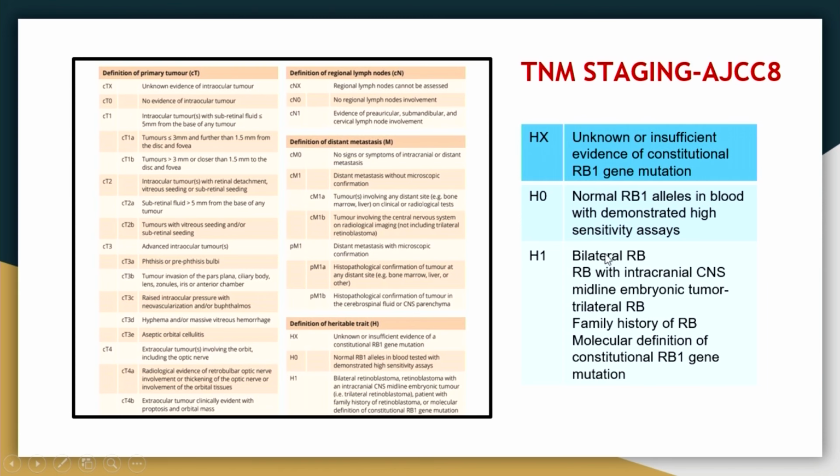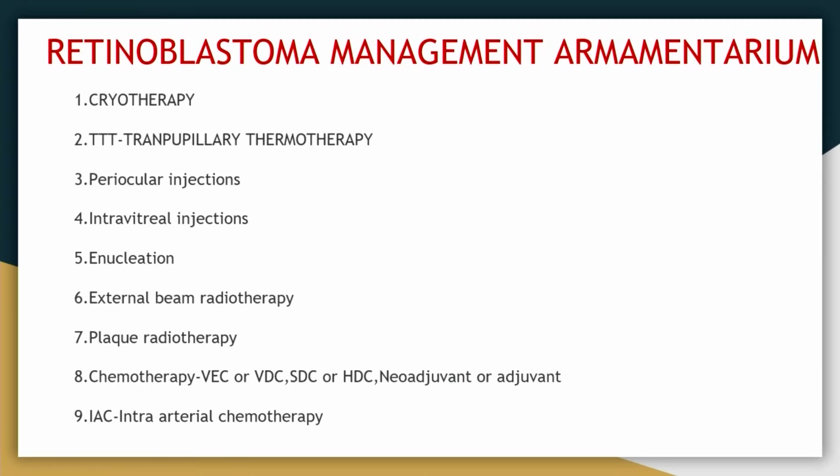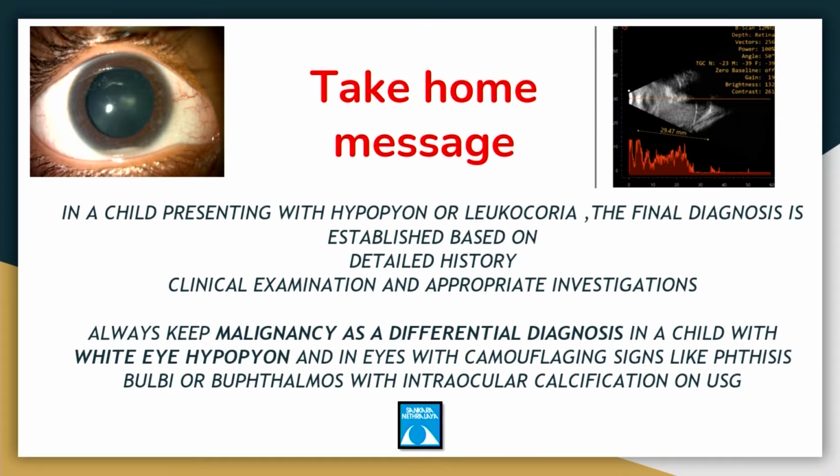H1 is for patients who have bilateral RB or those having an RB with an intracranial CNS midline embryonic tumor, that is a trilateral RB seen in pineoblastoma, and family history of RB, or those with a molecular definition of constitutional RB1 gene mutation. So this is the armamentarium. I think we will probably not discuss the management part.